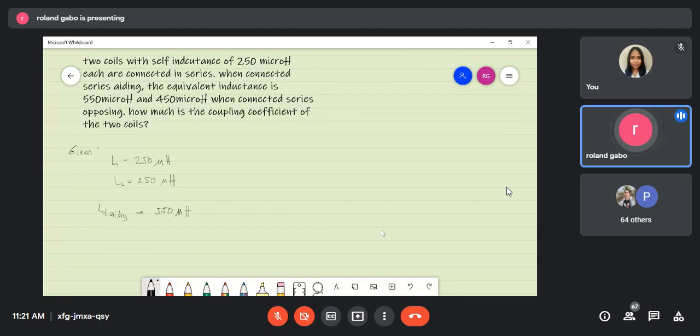When connected in opposing, okay, L, so I will just write LA, A for aiding, O for opposing.